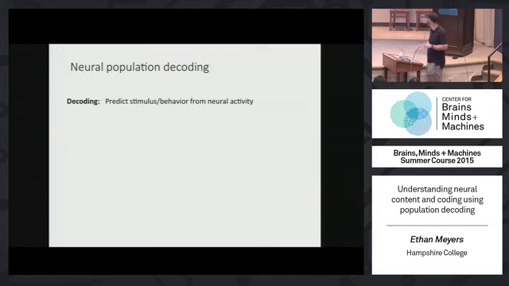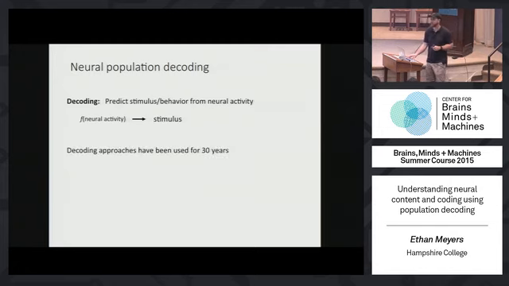The basic idea behind neural decoding is that you want to take neural activity and try to predict something about the stimulus itself, or about, let's say, an animal's behavior. So it's a function that goes from neural activity to a stimulus, right? Decoding approaches have been used for about 30 years.